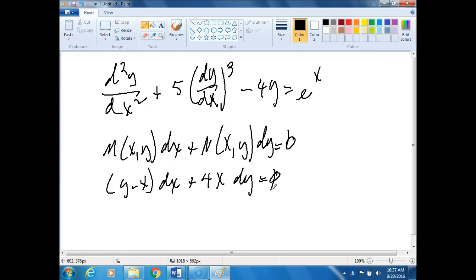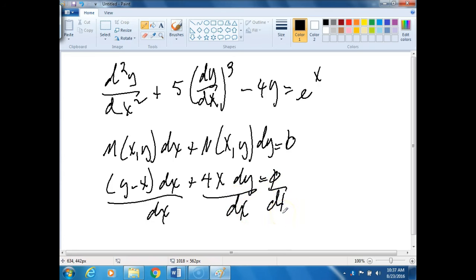Now if you assume that y is the dependent variable and x is the independent, then you can do this. Mathematicians don't like you saying it this way, but here's what you do. You're not really dividing.